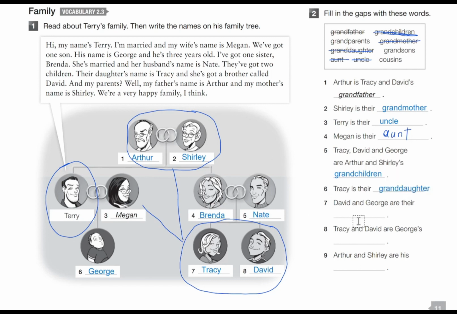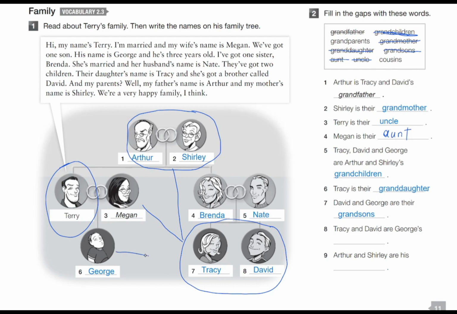Great. Number 7, David and George, right? David and George, the 2 boys, are there because they're boys. We say grandsons. That's it, grandsons. We're going to cross them out. There you go. And number 8, Tracy and David. So we've got Tracy and David are George's.